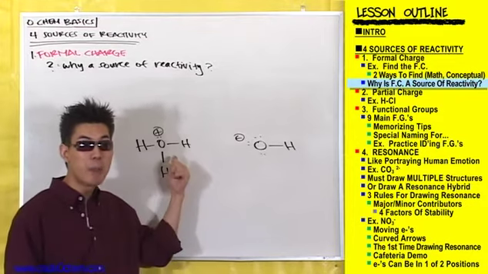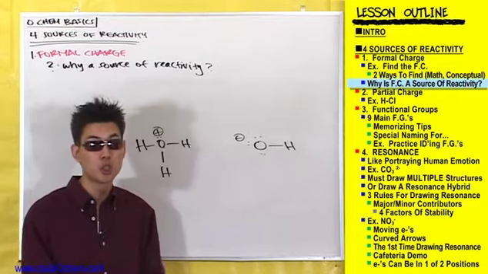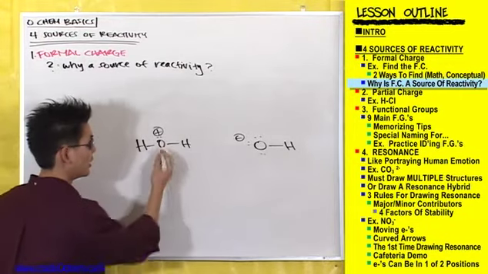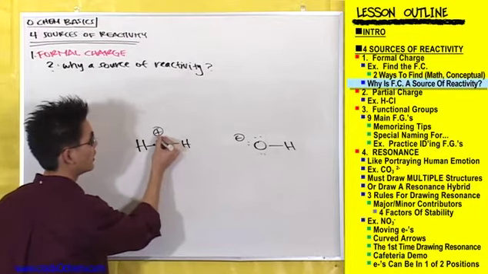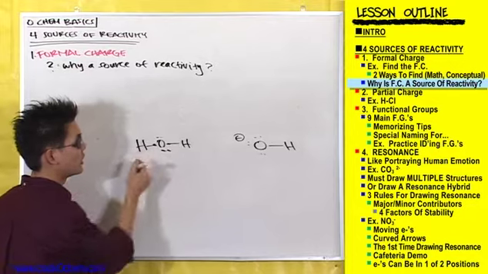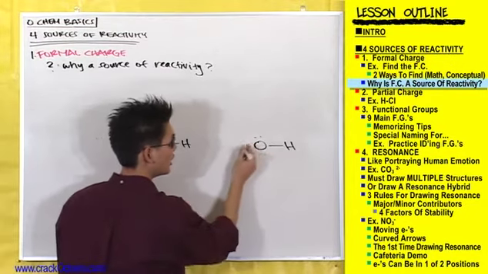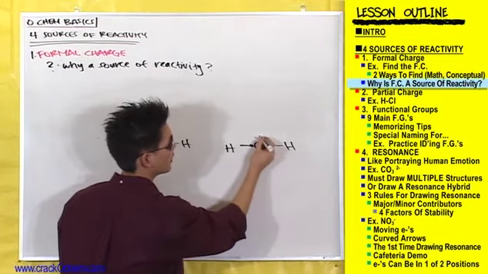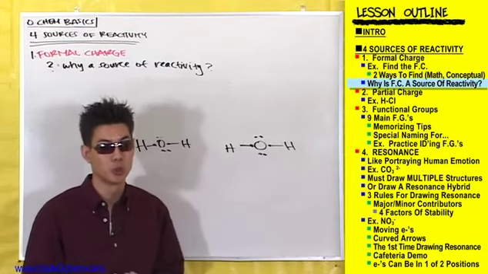That atom is going to make or break a bond in order to get rid of that charge and become neutral, right? In this case, oxygen wants to break this bond so that it can get 1, 2, 3, 4, 5, 6 valence electrons around it to become neutral. In this case, this oxygen wants to make another bond so that it can have 1, 2, 3, 4, 5, 6 total valence electrons directly around it to become neutral, right?